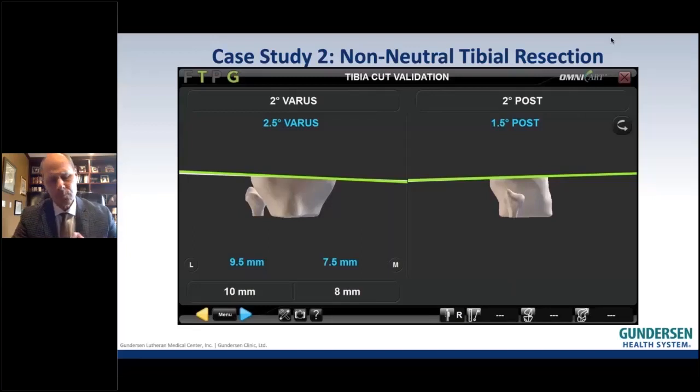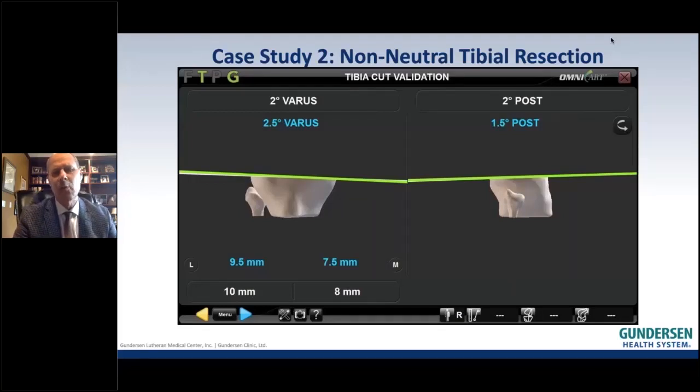And then another thing that I look at in terms of who I decide I'm going to cut in 2 degrees of varus: you put the arrays in, you register the knee with a pointer with the computer so the computer learns the anatomy, and then before I make any cuts on the tibia even, I put the knee in about 10 degrees of flexion and I stress it. That's to release the posterior capsule.